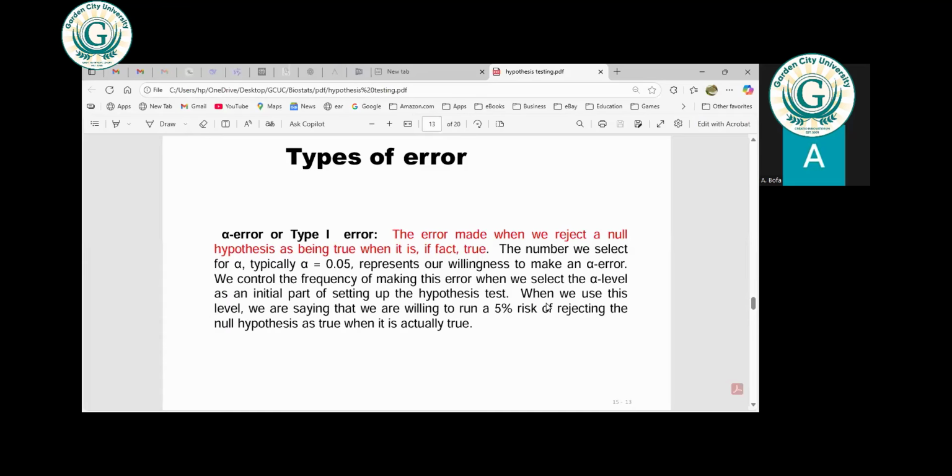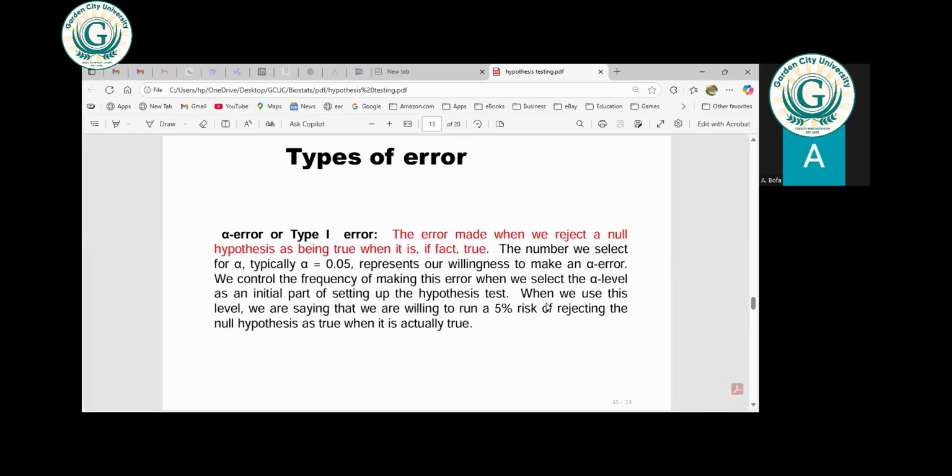So you choose your significance level. Whenever you reject a true null, that means the null is true, but you've rejected it. Then you have made a type 1 error.